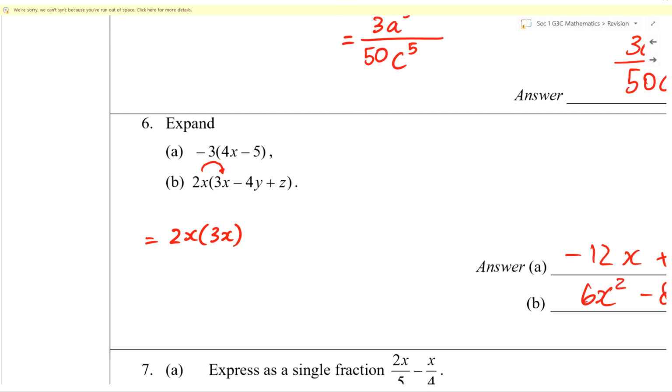Later on we do the expansion again. Next we have 2x times negative 4y. So we end up with negative 2x and 4y. Finally 2x with positive z. So plus 2x times z. Okay, Samuel, help us with the first expansion. What do we have over here?